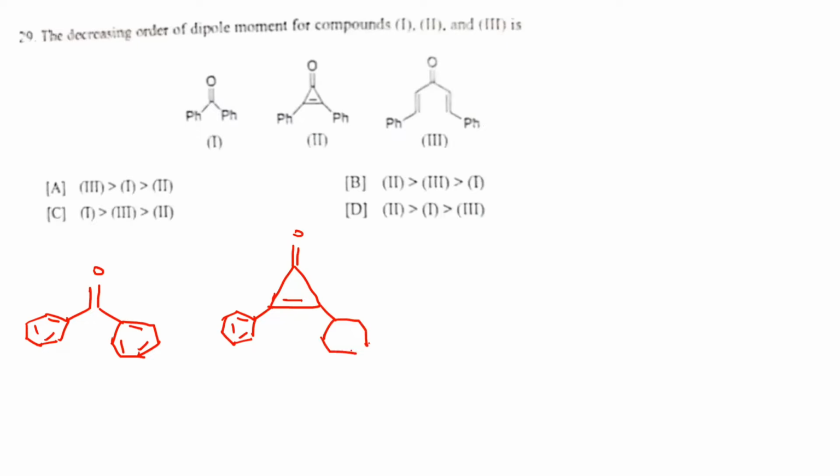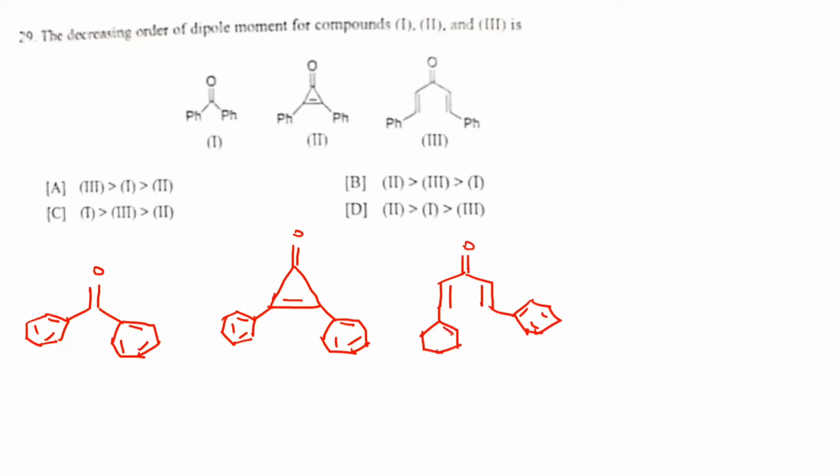In this case, double bond O, then a double bond, then 1 benzene ring. The 2 phenyl groups can attach to the 2 carbons. Simple one.